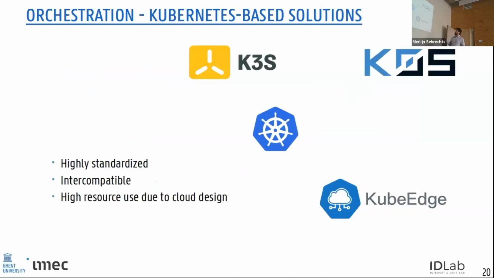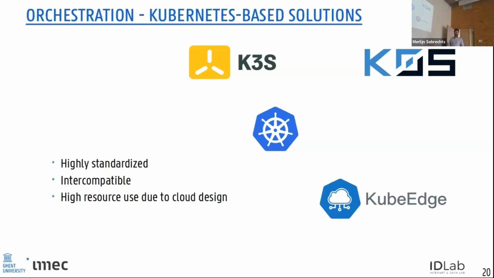When we come to the Kubernetes-based solutions, there's a lot of alternatives there, but basically they all boil down to the same thing, Kubernetes itself. All the other alternatives are basically the same source code, but compiled a different way with certain plugins standardized, a couple of options taken out here and there. But because they're all based on the same code base, they all have the same resource use, which is very high. One major advantage, of course, is that they are all intercompatible.